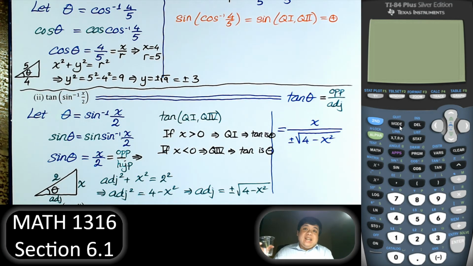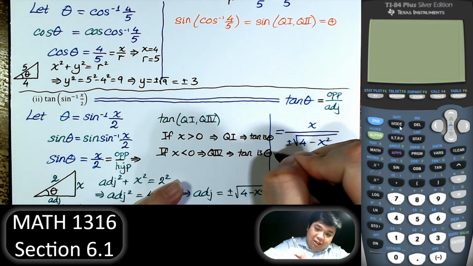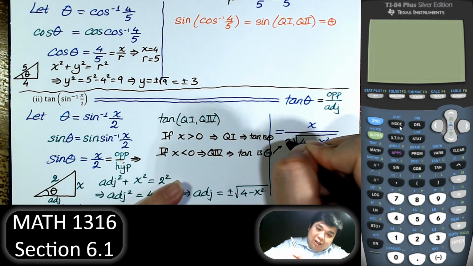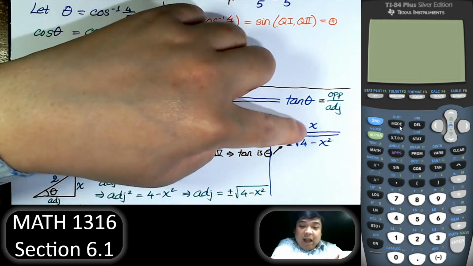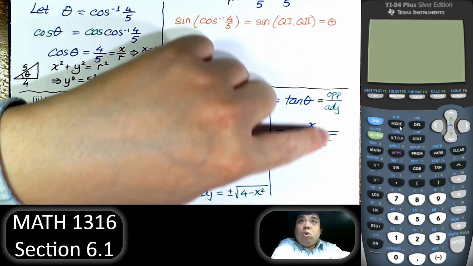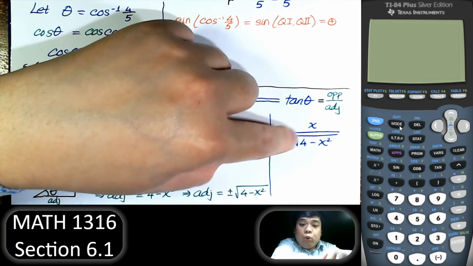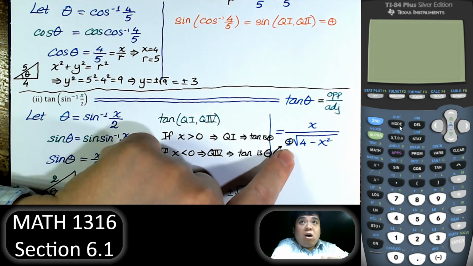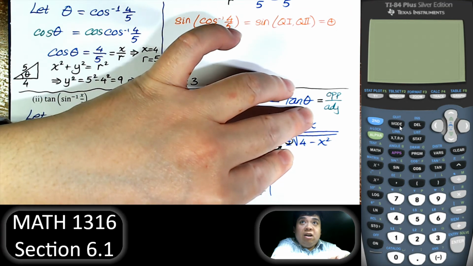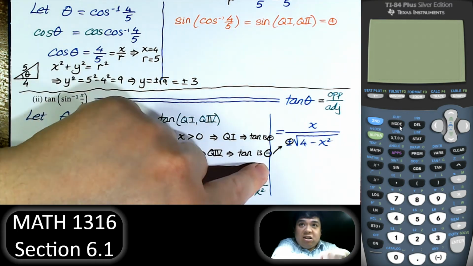So we take a positive, because I said if x is negative, tangent is going to be negative, right? But since x is already negative, we don't need an extra negative at the bottom. That could be wrong. If there's a minus at the bottom, when x is negative, the result is positive, which is not the case. The case is when x is negative, tangent is negative.